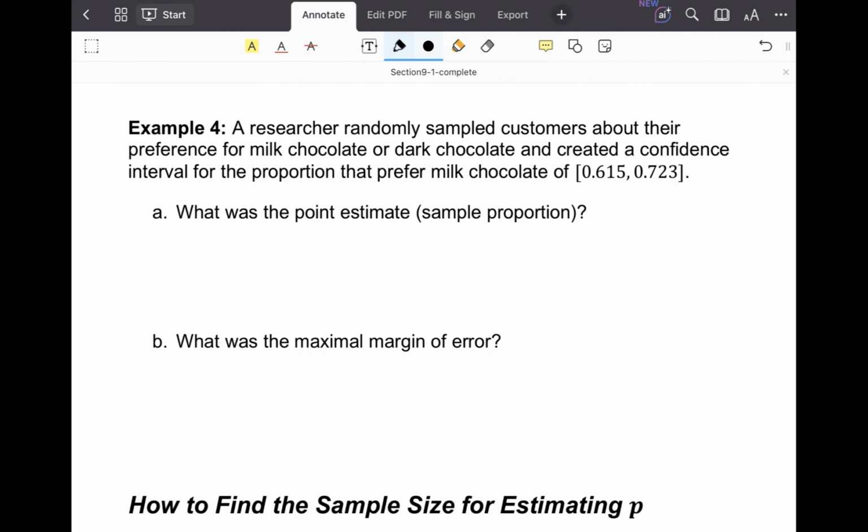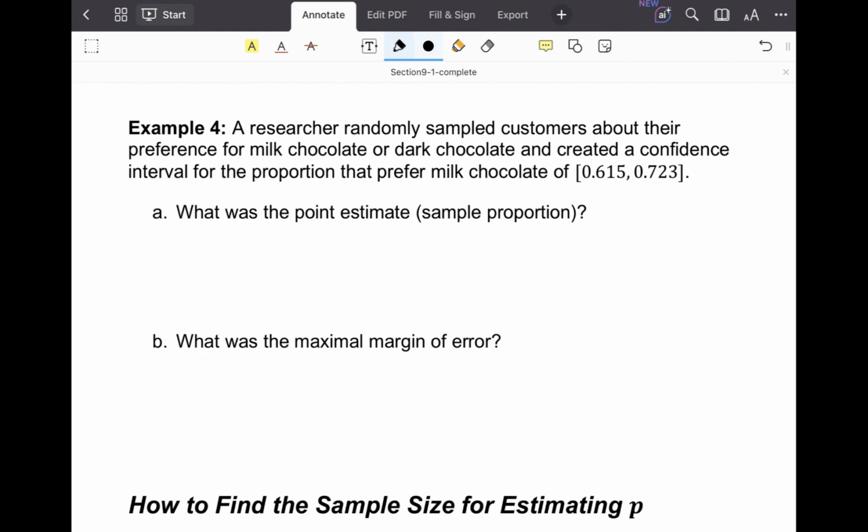This one says a researcher randomly sampled customers about their preference of milk or dark chocolate and created a confidence interval for the proportion who prefer milk chocolate, going from 61.5% to 72.3%. That one right there. Now it's asking what is the point estimate, the sample proportion in this case.